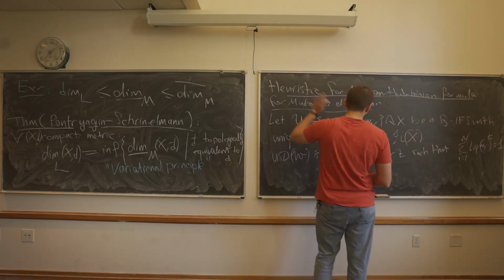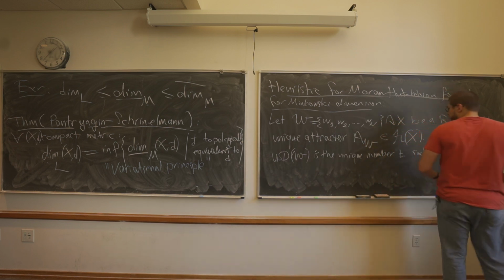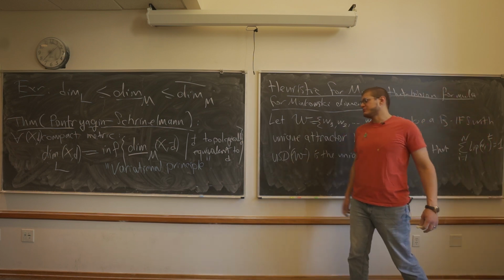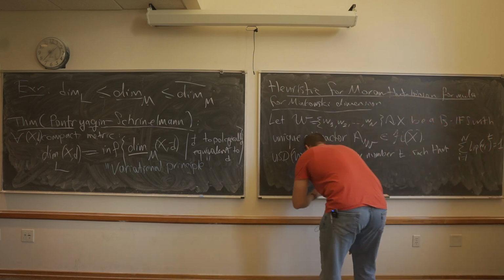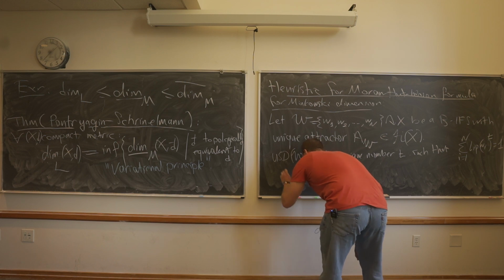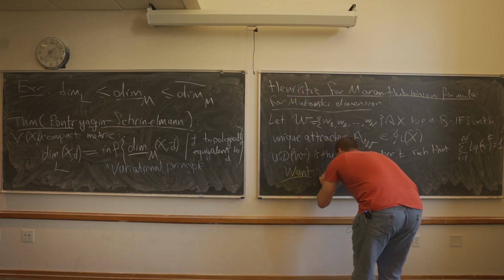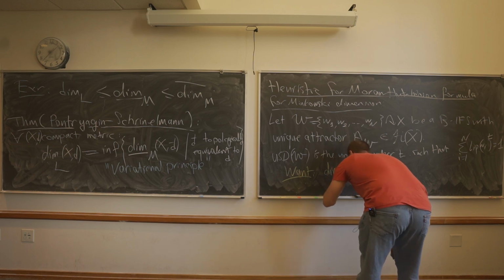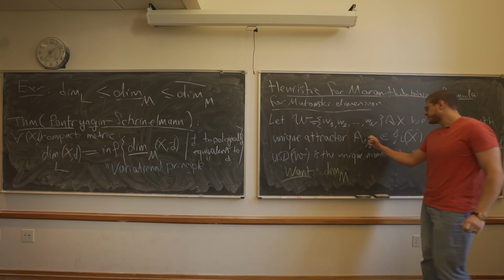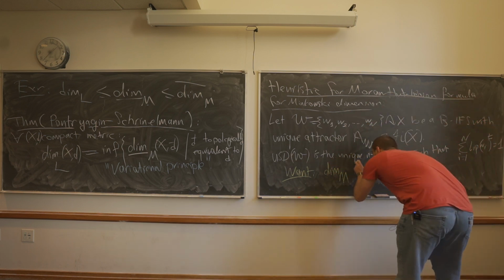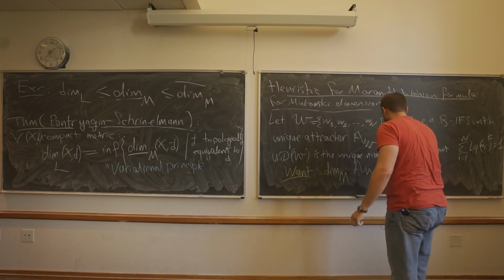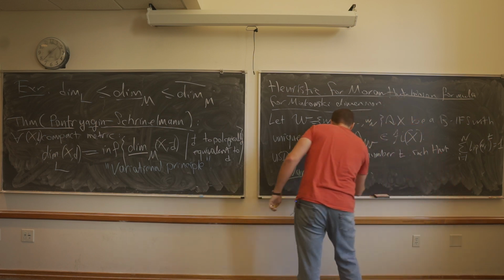So I want to have a heuristic for upper similarity dimension being equal to the Minkowski dimension of the attractor. So let me write it like this.